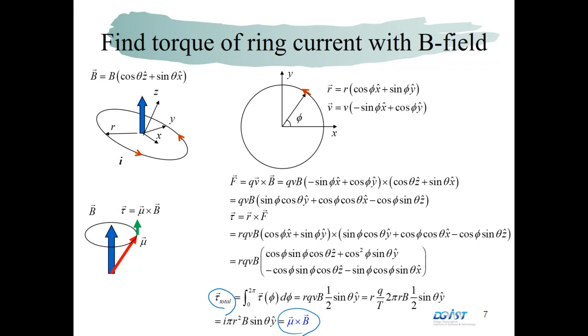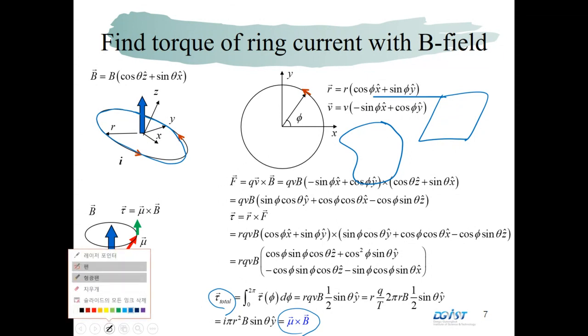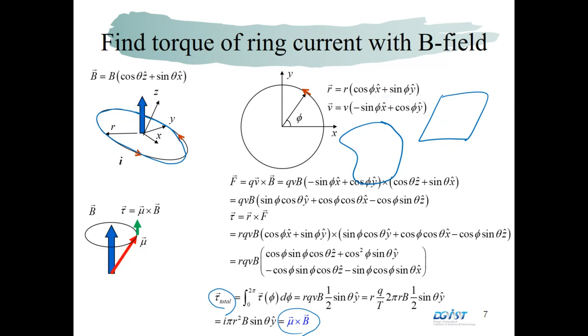So if you assume the motion of a particle is not circular, let's say a rectangle or any arbitrary shape, you can easily define the loop of the current by dividing it into small circular motions.